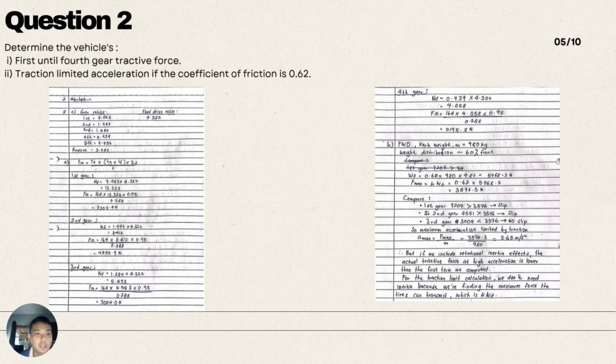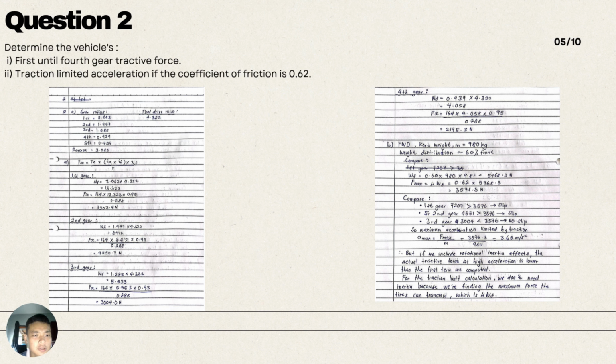So as we calculate the gear, we use this formula: Fx equals Te times ig times if times lambda f per r.